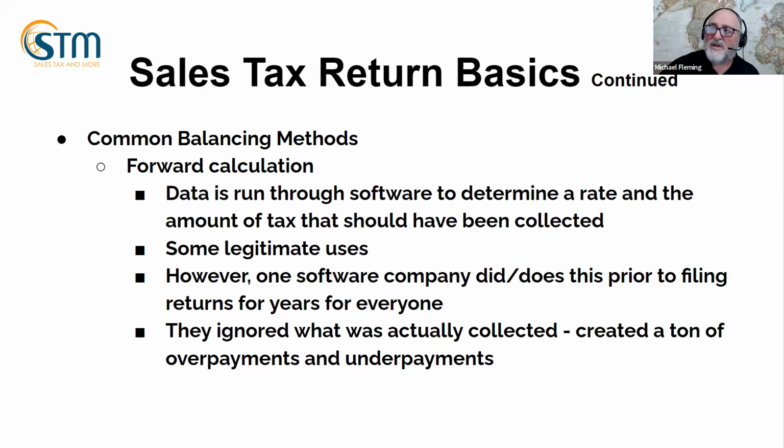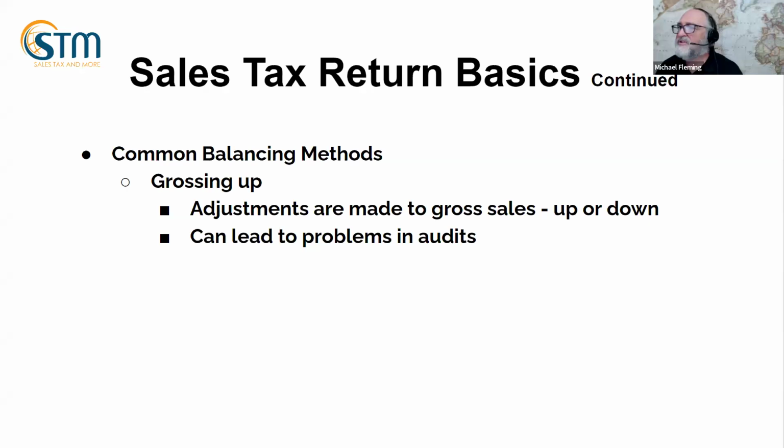So there's a time and a place for a forward calculation. However, to use it just across the board in all scenarios, major problem. And then there's grossing up. This is another common balancing method.